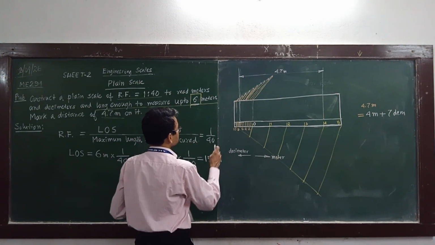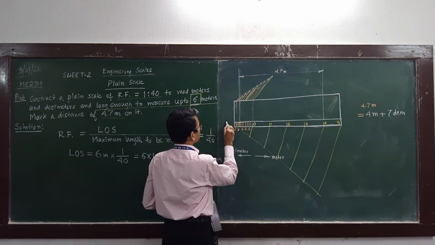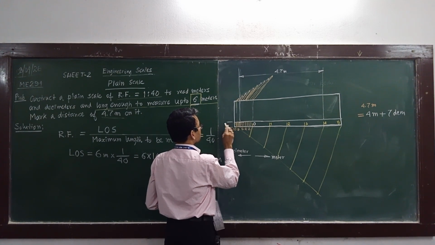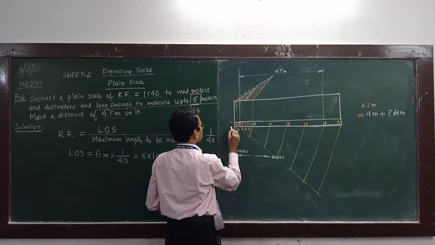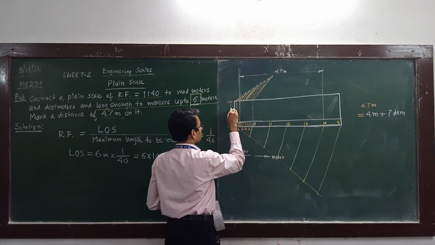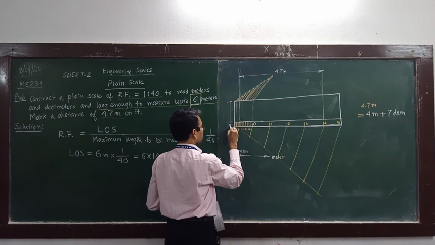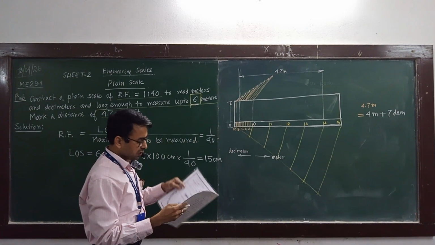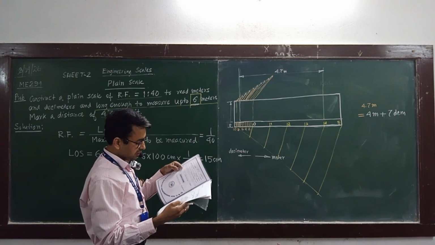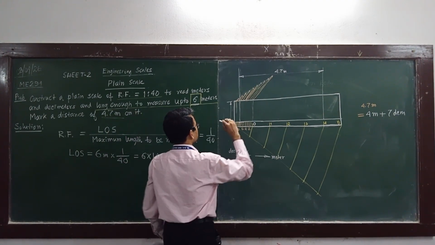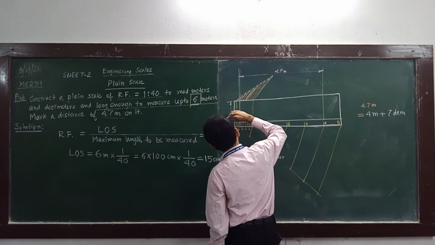Okay. Another thing is that this will be 25, 4.7. How we have shown 4.7 there. This will be 25 millimeter.